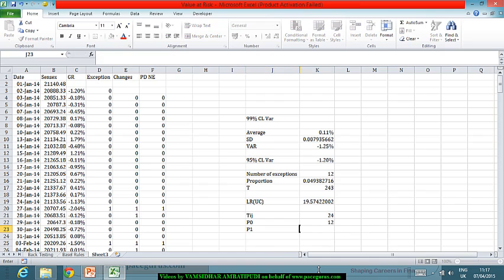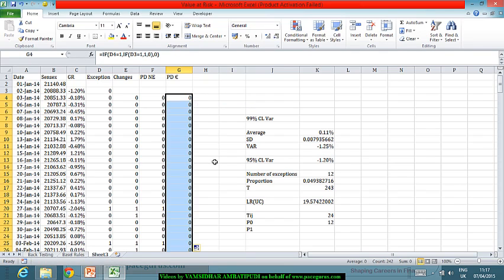Similarly, when I am talking about P1, I am looking at the previous day being an exception. How do I get that? Again, I am doing the same. If this value is equal to 1, I will check if the previous day's value is also equal to 1. Then I will mark it as 1, otherwise 0. In that case, I will find out those days where even the previous day was actually an exception.